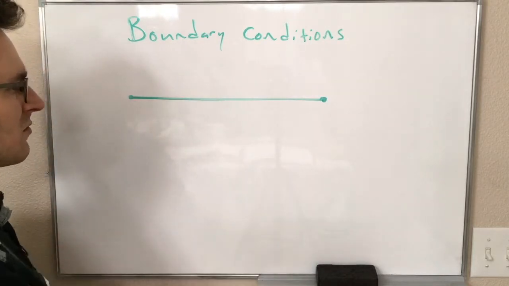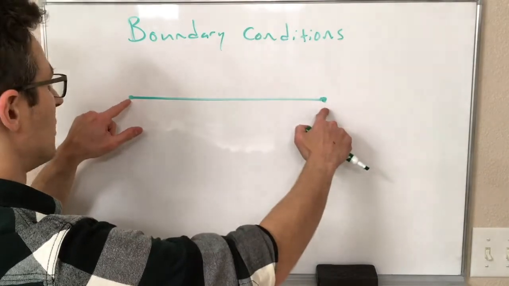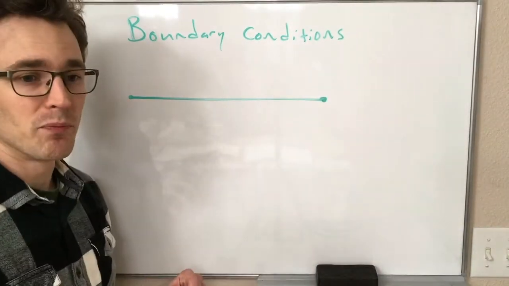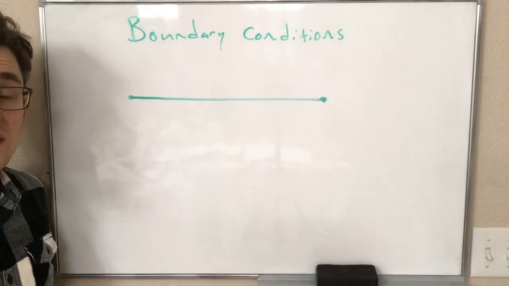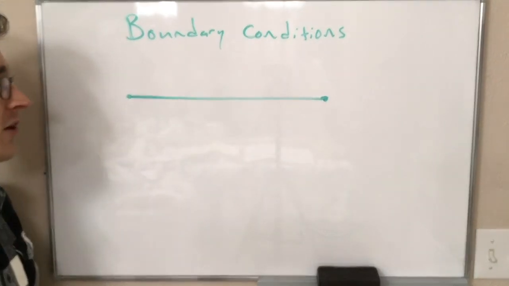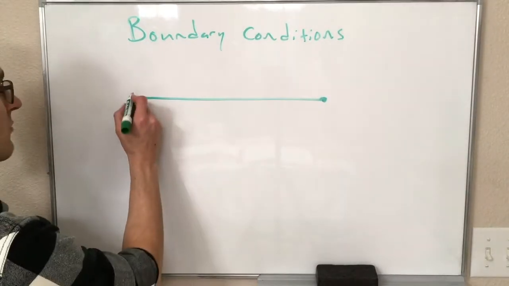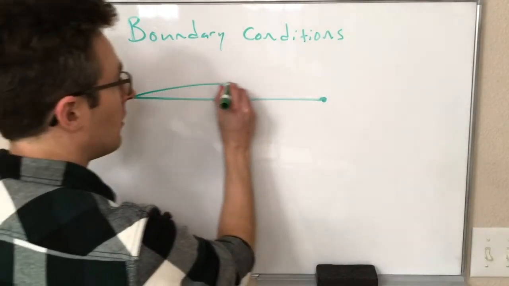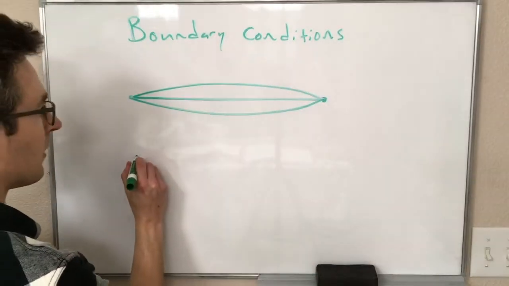It's kind of hard to actually visualize what that would look like. But anyway, imagine a string where we have both ends fixed in place. That being fixed in place affects the standing waves that we can have on this string. As we've seen, those standing waves have shapes that look like this. We'll draw a couple here.